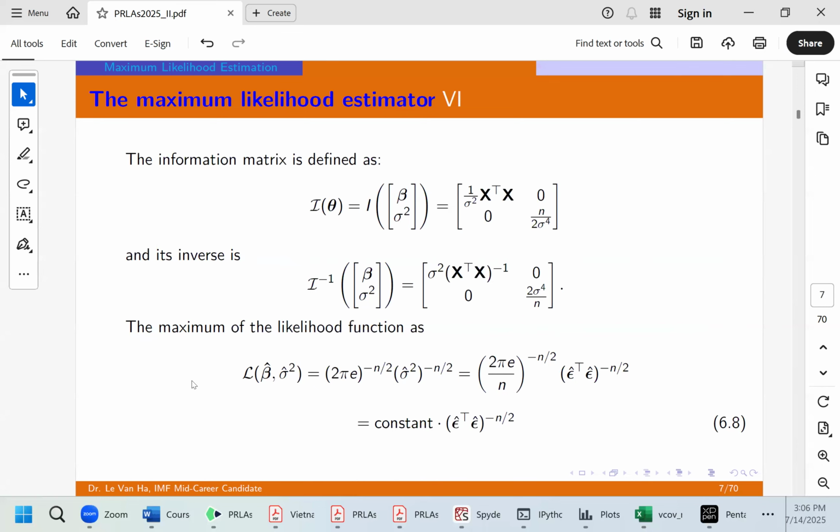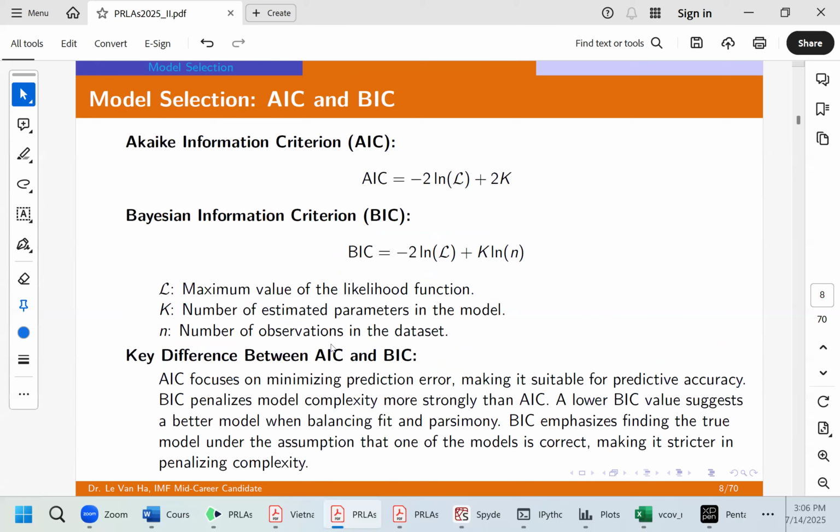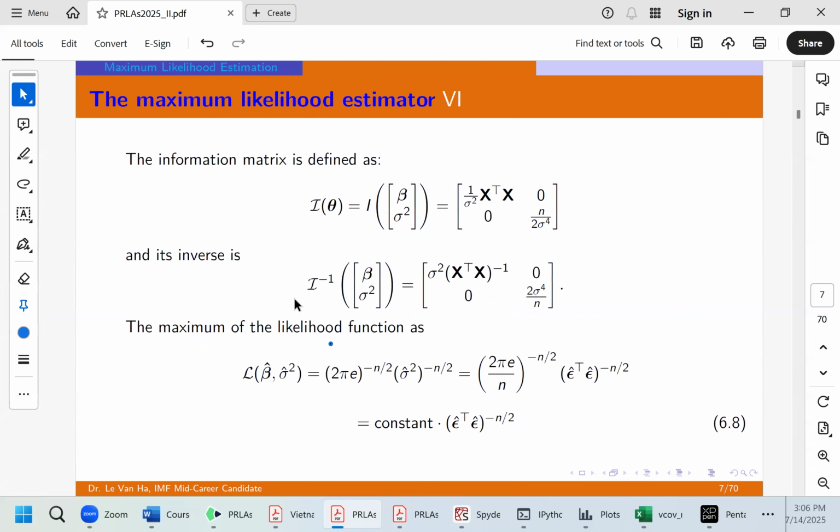Now we come to the definition. The AIC is defined as equal to minus 2 log of the likelihood function plus 2k, right? And the BIC is equal to this one.